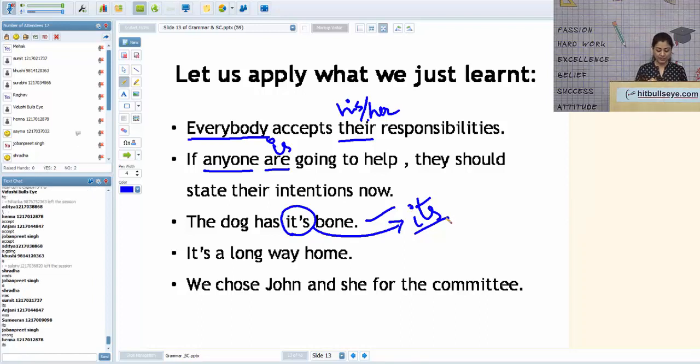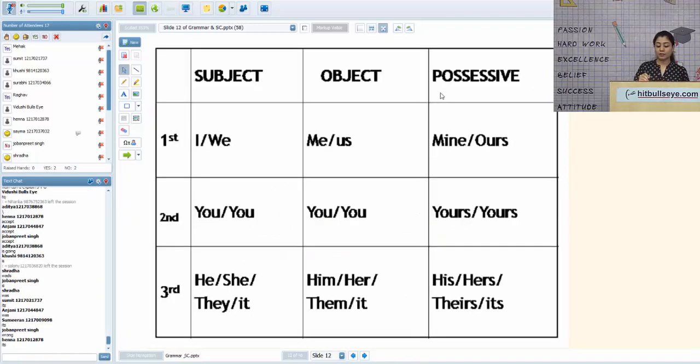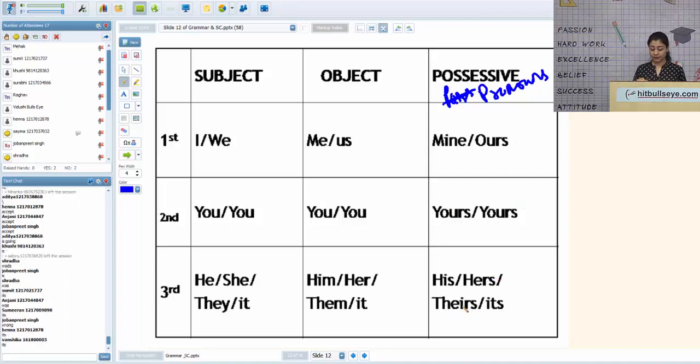Let me take you to a tiny bit of concept here of possessive pronouns. So what do possessive pronouns tell us? They tell us about ownership, about possession. So the forms go mine, ours, your, yours, his, her, their, its. I hope you guys have noted down the table already. There is no formula, no indicative word, for how you can identify a possessive pronoun.